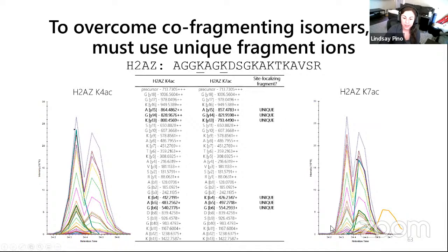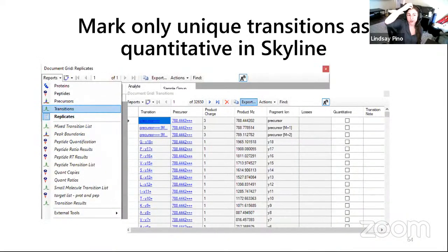The dotted lines are not unique. Those are transitions that are shared between these two peptides. And then the solid lines are the ones that Skyline is going to use for quantification of peak areas. It'll still use the other fragments for peak detection, but it'll only use the solid lines for quantification.